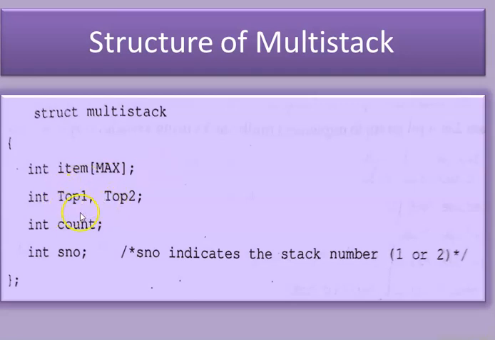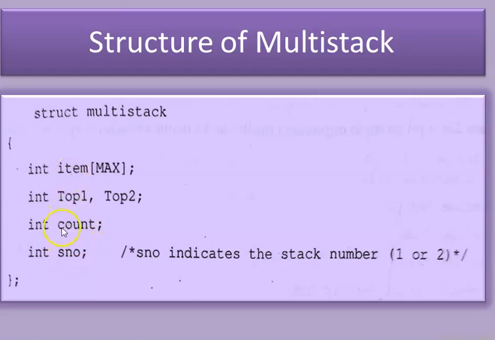Whenever we do some operation on this item, it has to be reflected in the value of count also. That is, when we push a value either to stack 1 or to stack 2, an element is being inserted into the array item. It can be on the left side or the right side depending on the value of serial number.